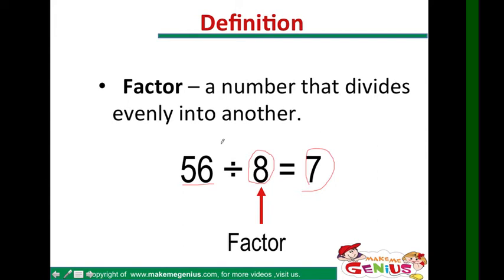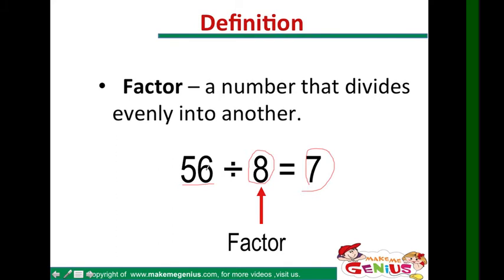For example, 56 divided by 1 is equal to 56, right? So 1 is a factor of 56, because I can divide 56 by 1. That is a factor, based on the definition: a number that divides evenly into another.